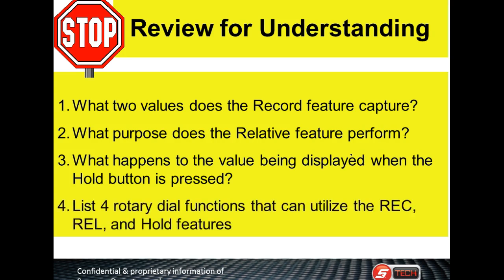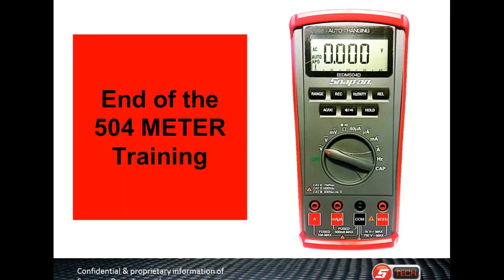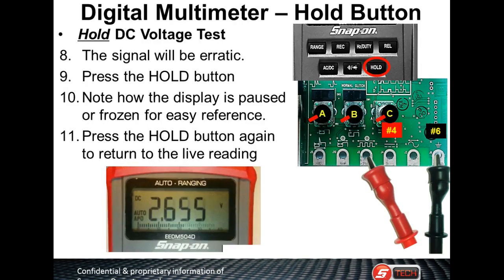Yeah, it holds it. These are the 4 rotary dial functions that can be utilized with record, relative, and hold. You choose the first 3, you got them, right? Because if y'all remember, the first 3 were on all of them, weren't they? We okay? That's what that is. That's the end.